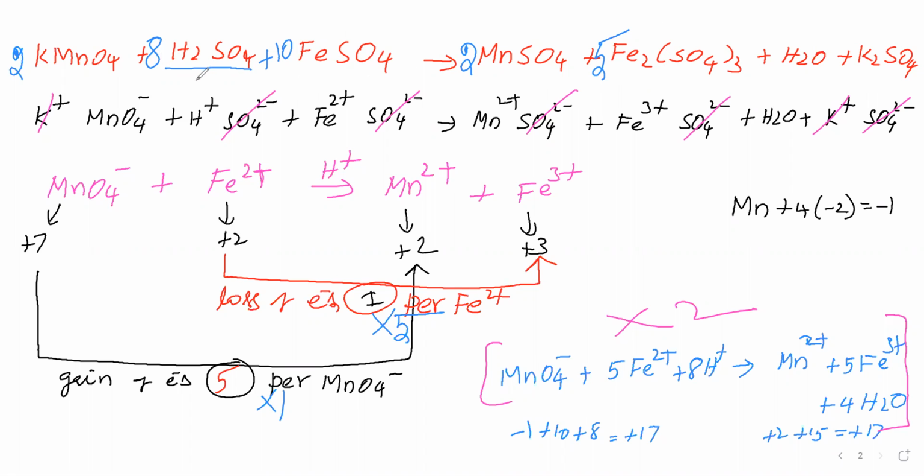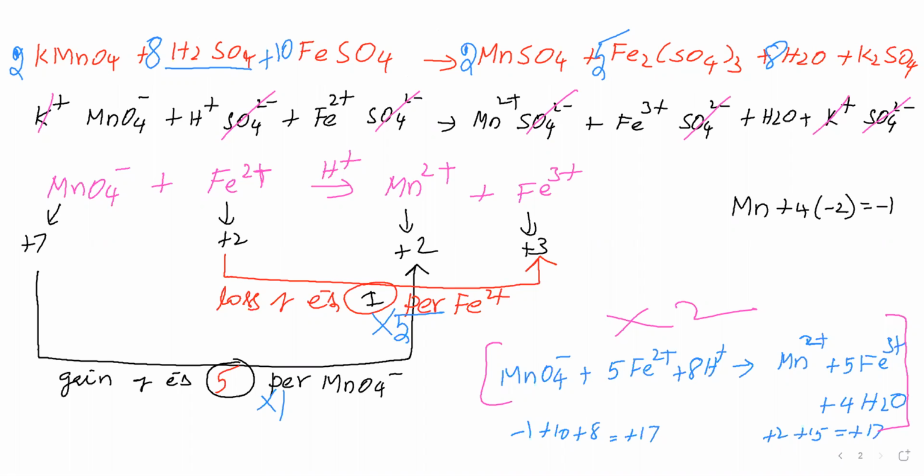Last one is hydrogen. If hydrogen is balanced, then okay. 8 times H2 here, 8 times H2 there. Sorry, we have balanced hydrogen. Now we will check oxygen. If oxygen is balanced, then it is okay. Here in potassium permanganate, two fours are 8 oxygen.